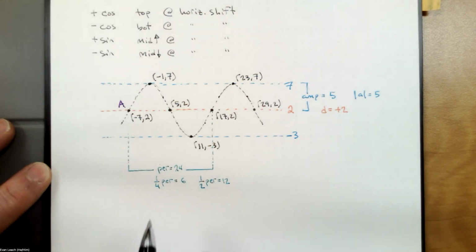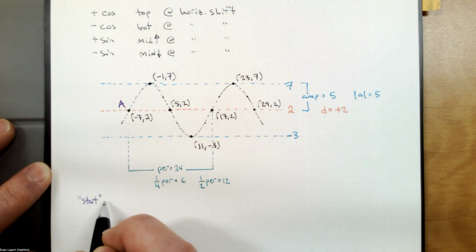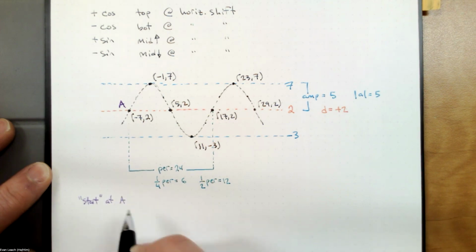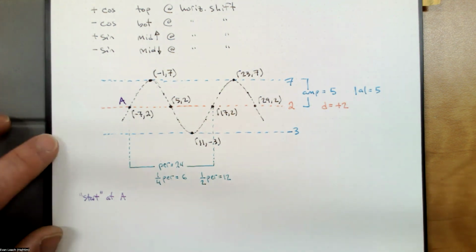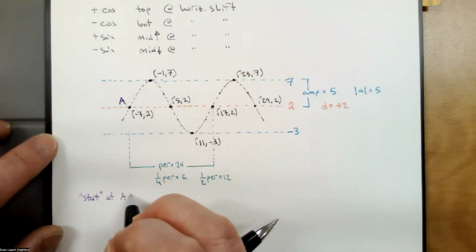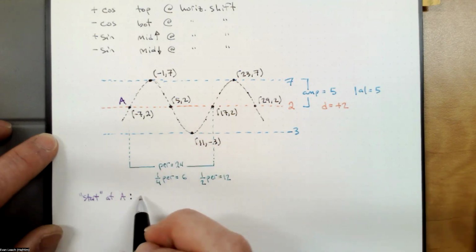So if I think of my start at A, that is actually determining a few things related to writing the equation. Number 1, the horizontal shift: C is equal to -7.